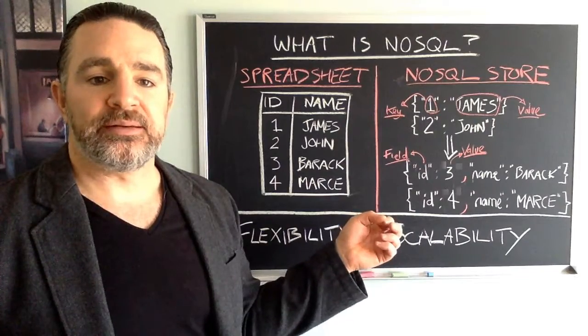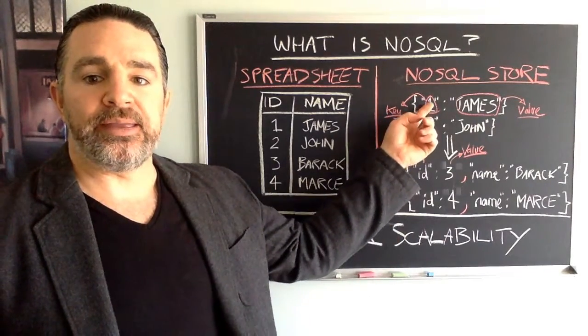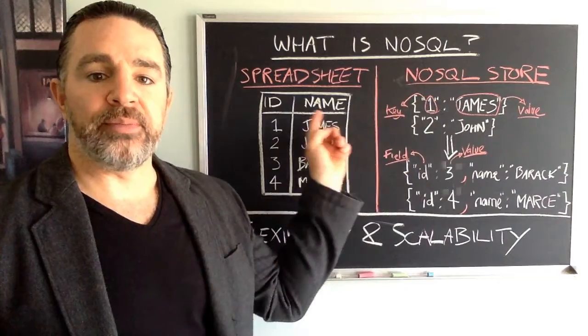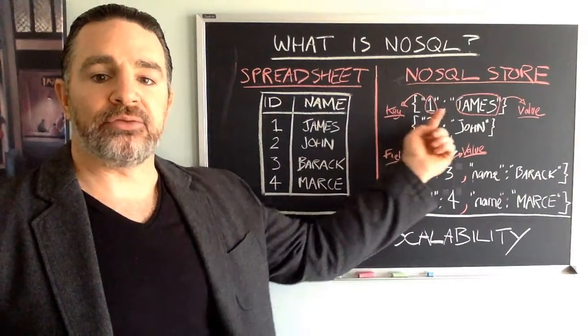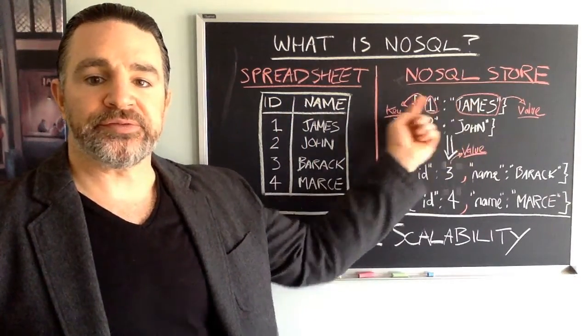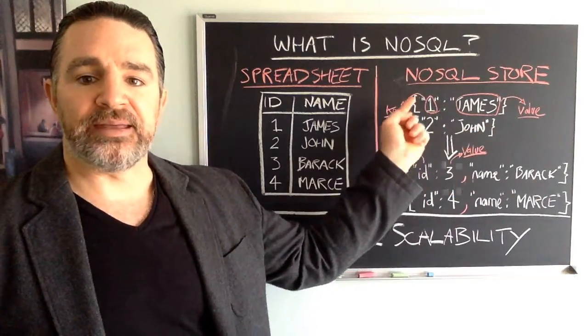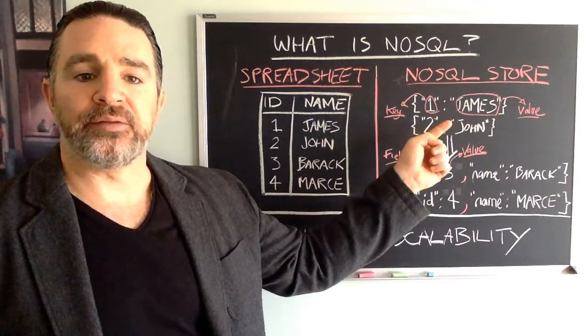But we are limited to a key and a value. So if this table was extending out to multiple different fields, I'm not going to be able to represent that in a key value store, so I am quite constrained.